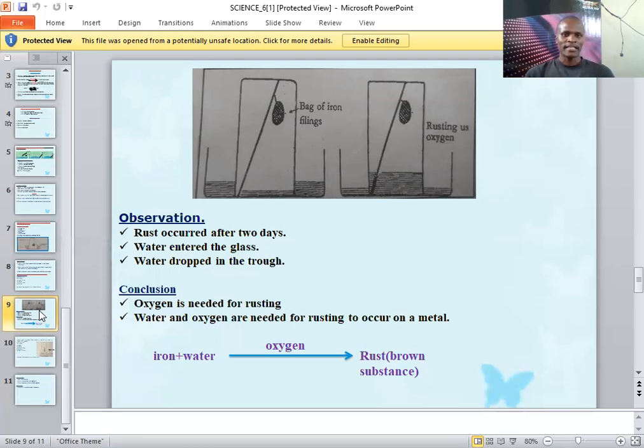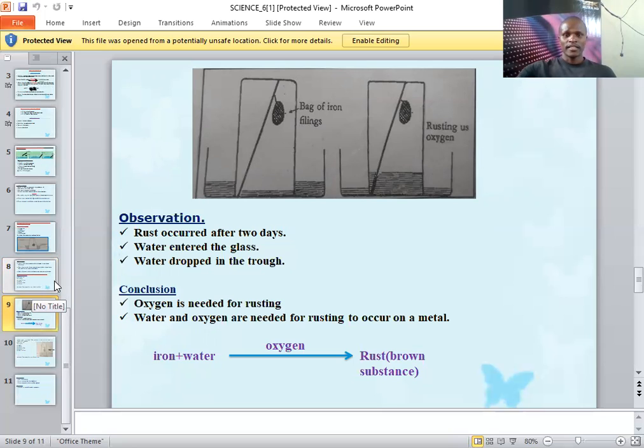Remember, we had a netted bag. Inside that bag, we are going to put some iron filings, and then we tie it to a stick so that the iron filings don't get into contact with water. So we tie them to a stick, and then you suspend them the way you can see there. And then you're supposed to leave it there for some time, maybe 3 days.